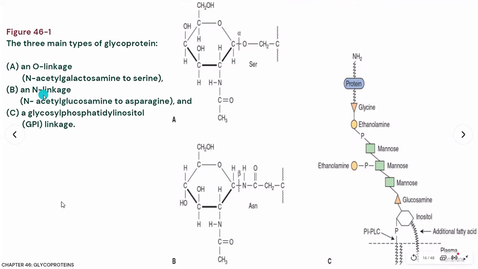Nitrogen link and acetyl glucosamine to asparagine. And the other one, glycosyl phosphatidyl inositol, GPI. GPI means glycosyl phosphatidyl inositol. Okay, so you know that.